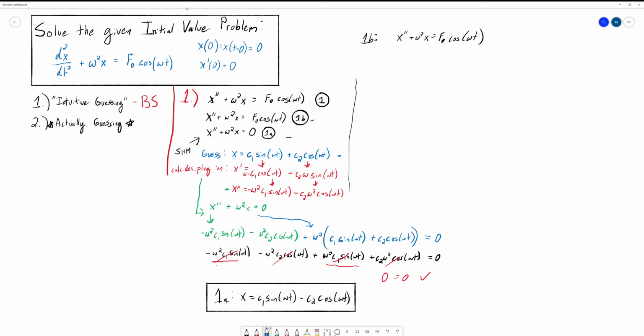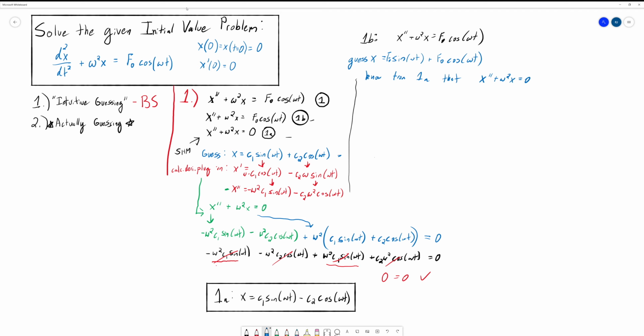We can see from 1a, if we were to have, for example, x equals f naught sine omega t plus f naught cosine omega t, we know from what we did in 1a that we would have x double prime plus omega squared x equals 0.